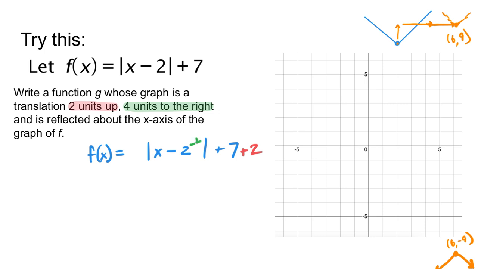That moves it further to the right 4 units, right? That makes that subtracting a 4 there. And then finally, the last thing, we reflected it over the x-axis. Remember what that does? That makes the whole thing the opposite of what it was. So when I write out my equation, g of x equals, I got the negative. I got the absolute value of x minus 6, and then I'm going to be minus 9.